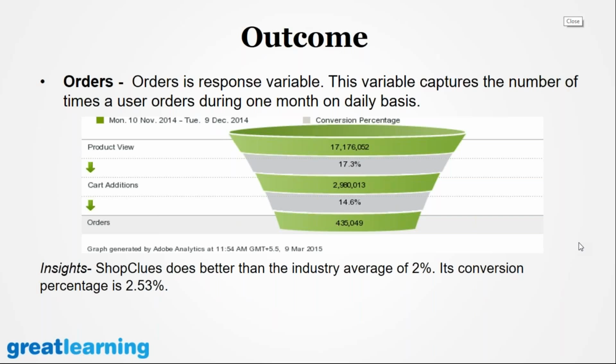So from product view till orders, that percentage is pretty low. But you see product view at the top, then the cart addition, and then it further goes down to orders. And at present, the total conversion rate for ShopClues is 2.53%.